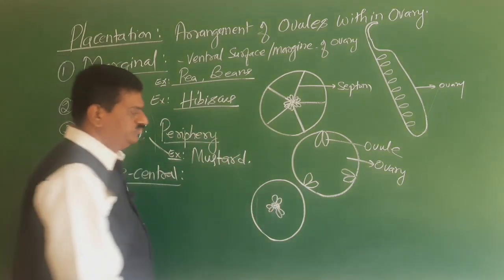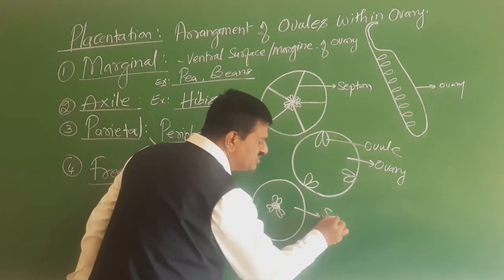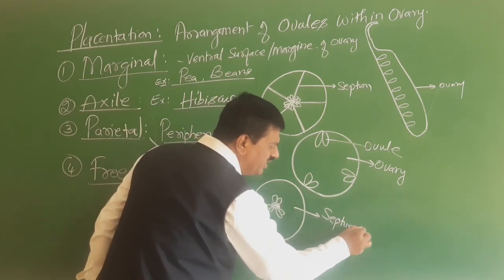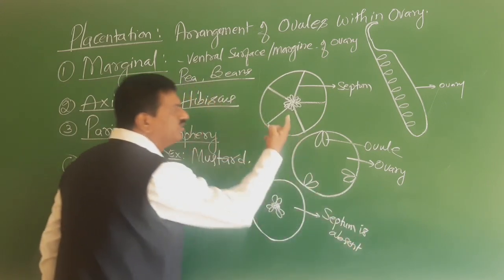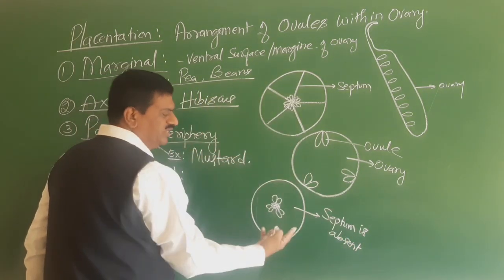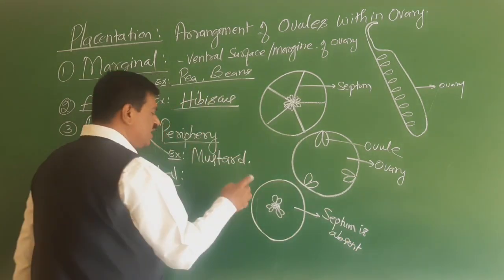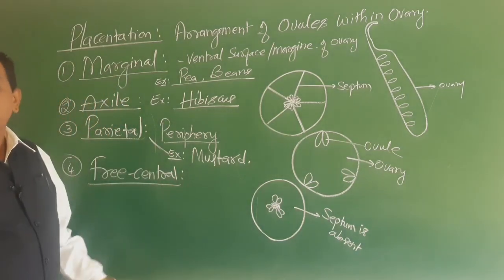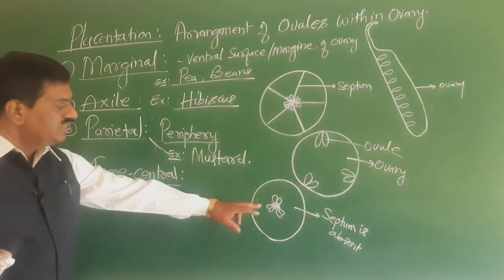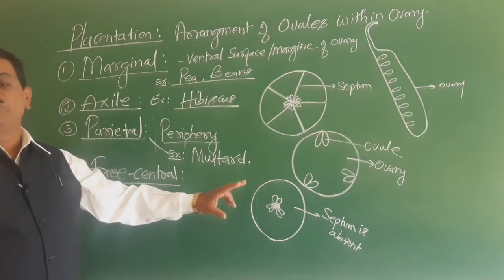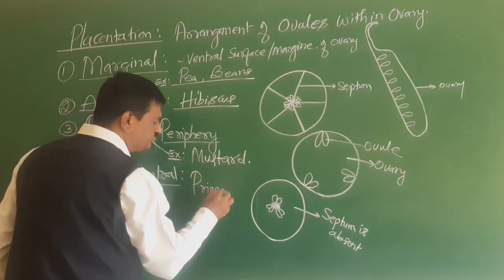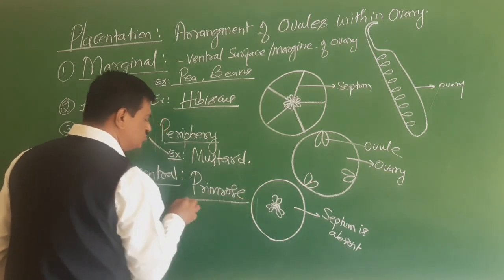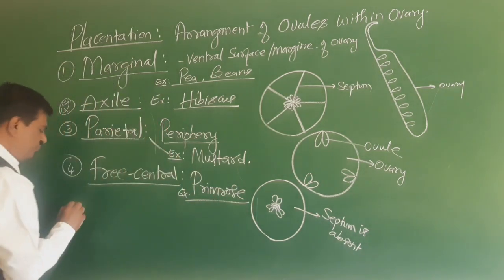Here the septum is absent. The cross walls, here I used the word septum, but here the septum is absent. They are present at the free central. So at the central axis, the ovules have been present, and the example for this is primrose. Primrose is the example for free central.